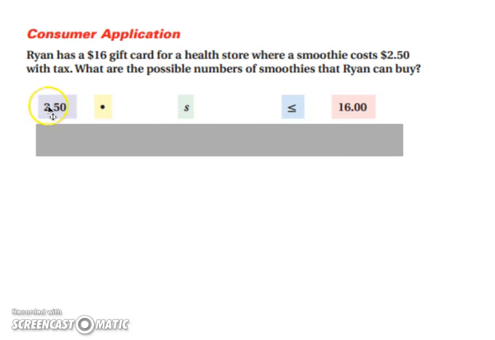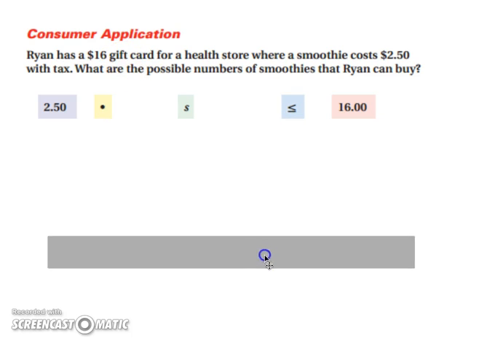Each smoothie is $2.50. So if he buys one, you have $2.50. If he buys two, you are at $5. And however many smoothies he buys, he needs to make sure he's not spending more than his allotted $16, because that's all he has on his gift card.